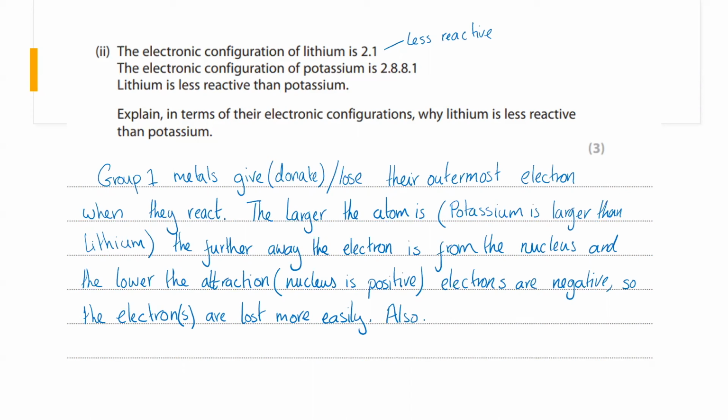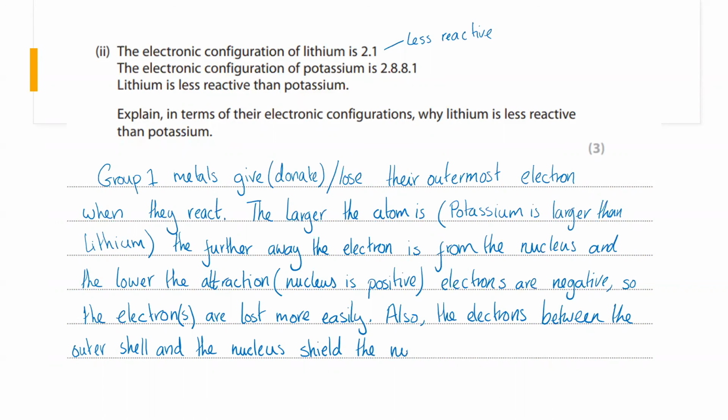Also, the electrons between the outer shell and the nucleus shield, that's the word, shield the nuclear charge, making the attraction even weaker.